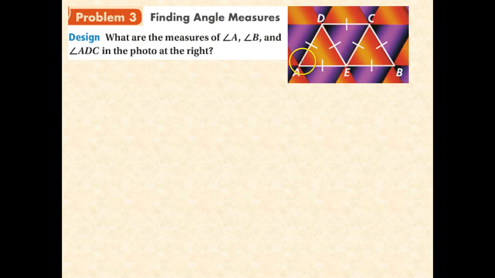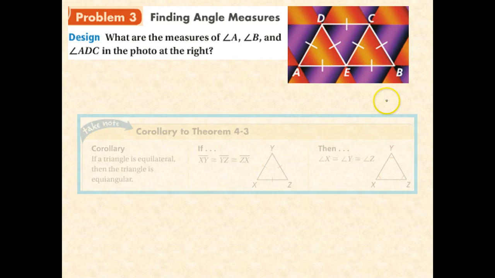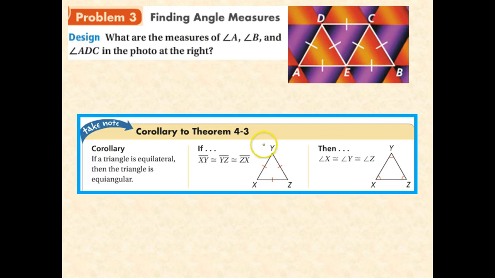What are the measures of angle A, angle B, and angle ADC in this photo? Well, let's take a look at this theorem. We got 1, 2, 3 equilateral triangles, which means that the angles for all those triangles are going to be congruent. So we want to talk about angle A, angle B, and angle ADC.